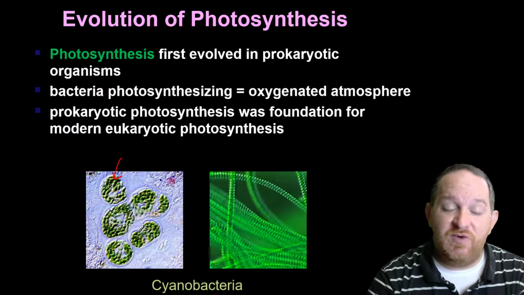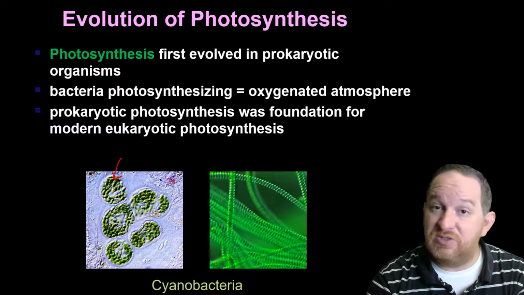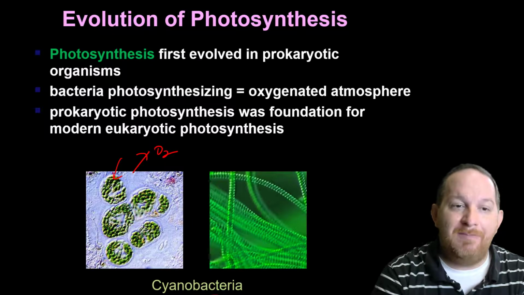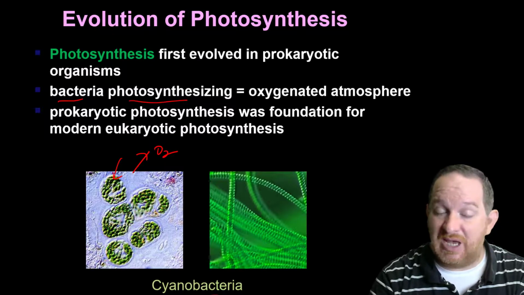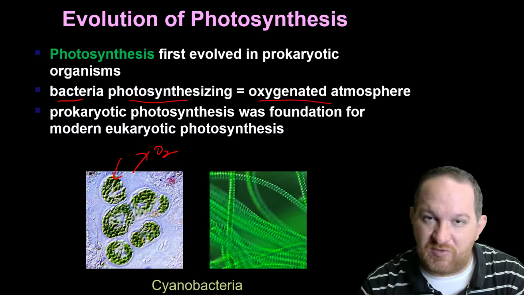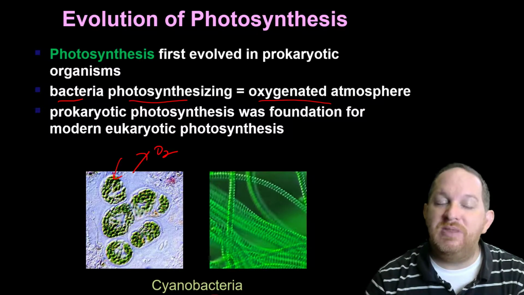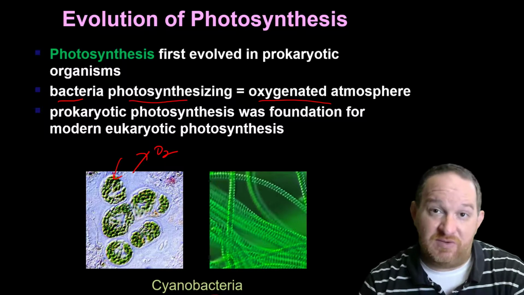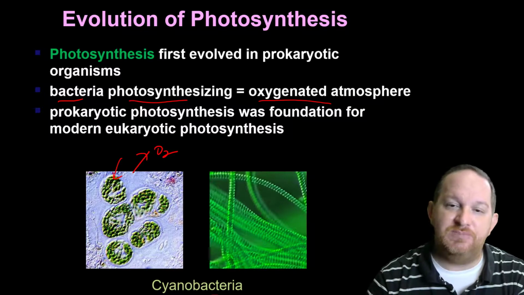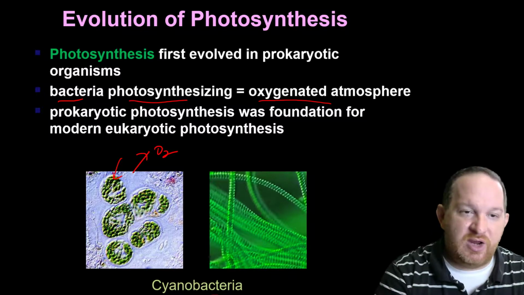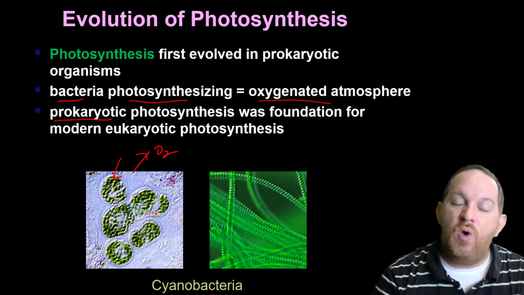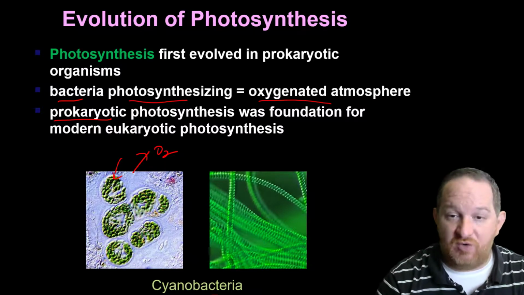If it started using that to make its energy, it started releasing a lot of O2. The bacteria that started photosynthesizing oxygenated our atmosphere. There wasn't oxygen in our atmosphere early on the planet, but when these bacteria started photosynthesizing, it filled our atmosphere with oxygen, and that allowed for other things to utilize that oxygen.